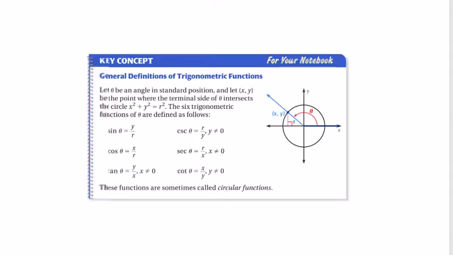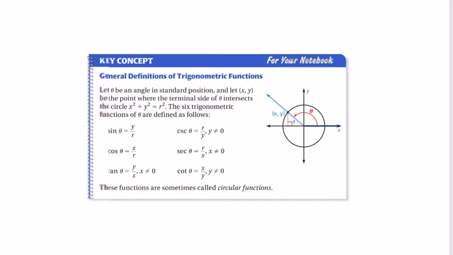So the very first thing we need to discuss are general definitions here. If we look at this circle, this is going to be referenced as the unit circle. Here we don't know that it's a unit circle because we don't know that the radius is 1. The radius could be anything here. So let theta be the angle in standard position, and let x and y be some point.